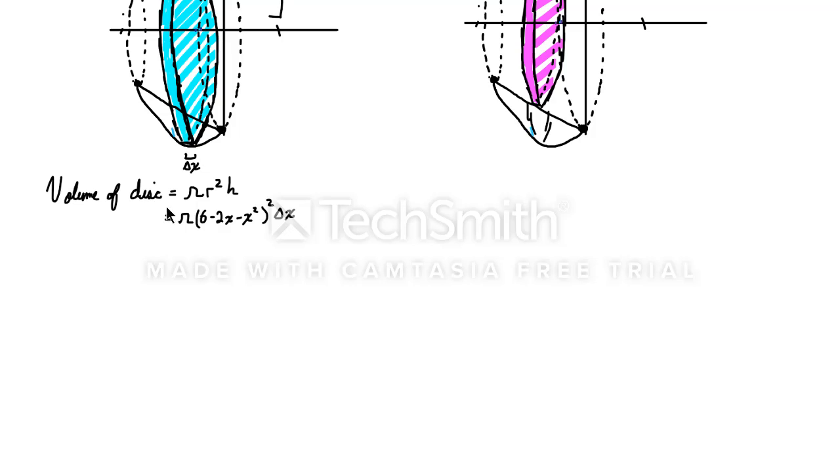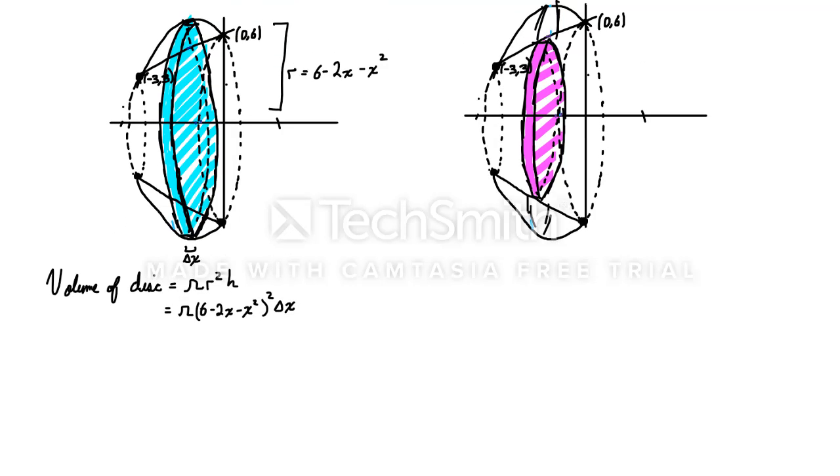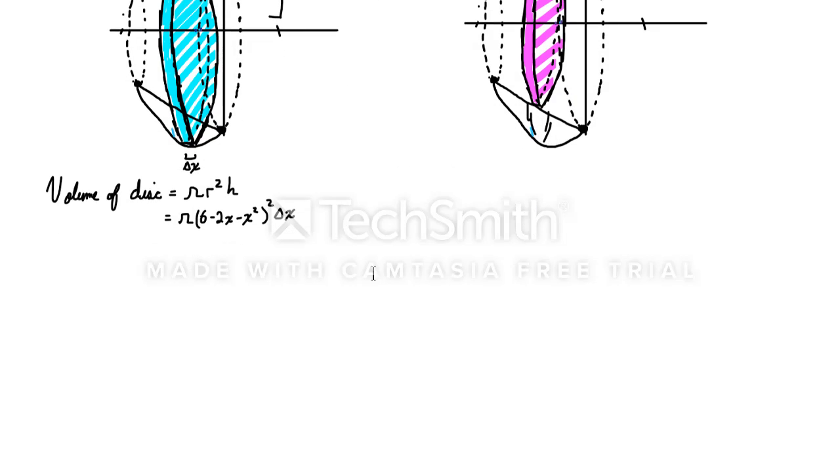What we'd like to do is stack up all the disks of interest, all the ones that start from this side of the area and go all the way up to the end of it. So it would be sensible to say that the volume of all the disks is a summation of some kind of pi (6 minus 2x minus x squared) squared delta x.